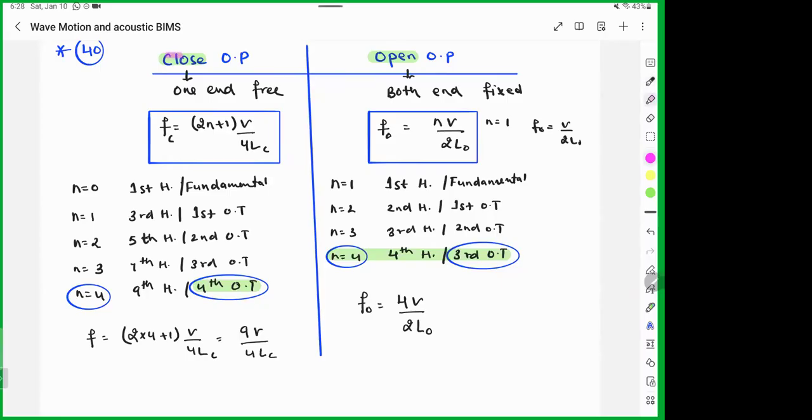In your question, you have the statement: fourth overtone in a closed organ pipe and third overtone in an open organ pipe.